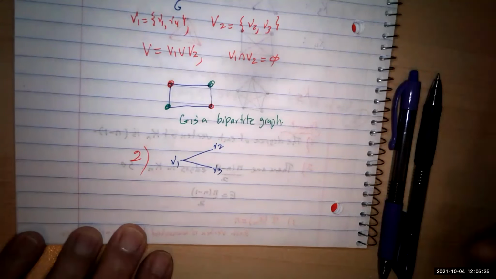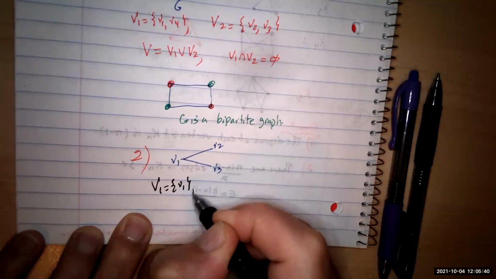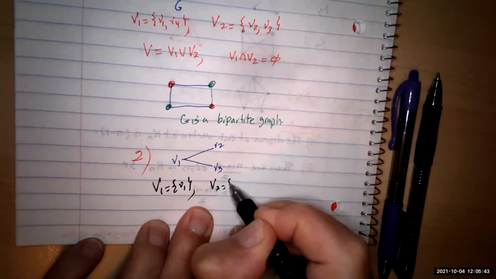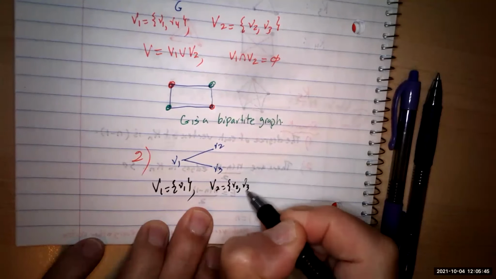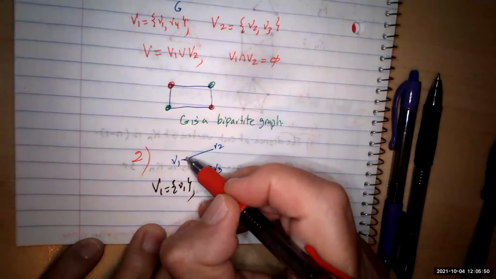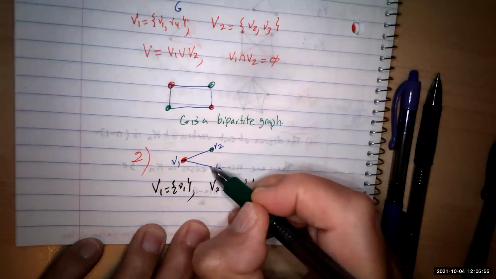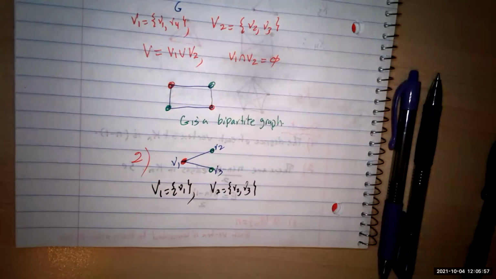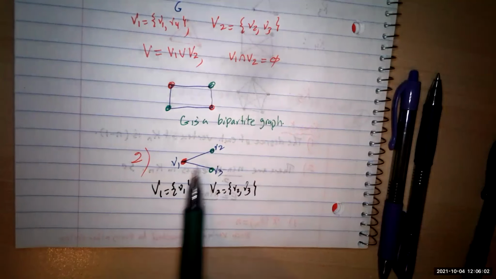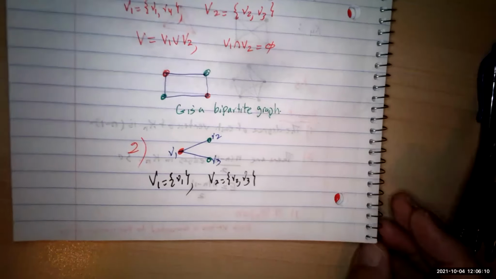We get the V1. So the set V1 is just going to be V1. The set V2 would be just V2 and V3. See, that gives you the red. You know, you can use color. This is red, but these are going to be green if you like. You see, there is no connection between the greens or between the reds. If there is a connection from one to the other one, it's two-part, so that would be bipartite.